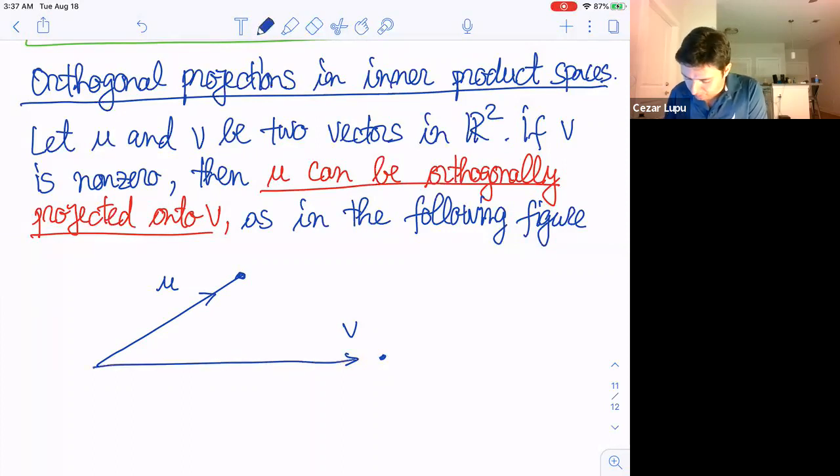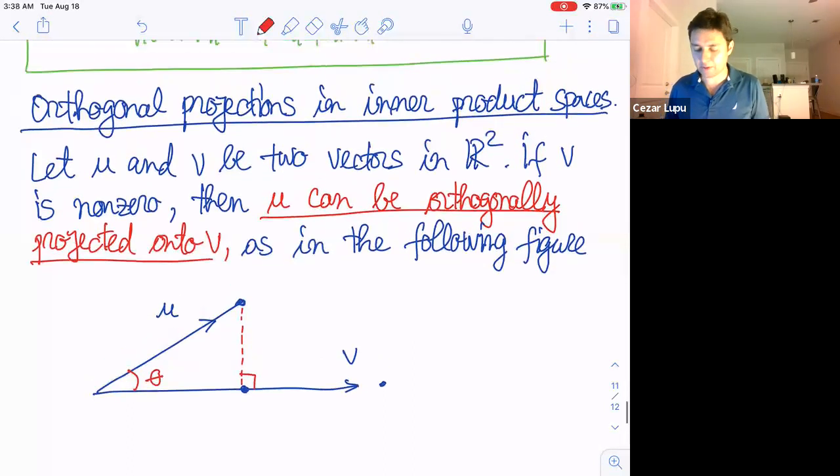And now what I'm going to do here, this is my angle theta, right? And I'm going to project. So the vector u can be orthogonally projected on vector v. So this is the picture.